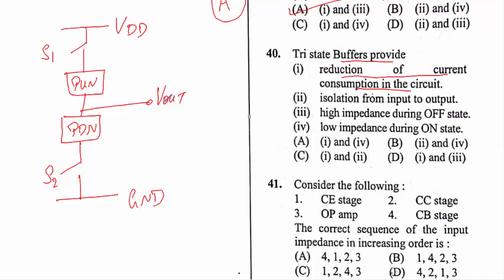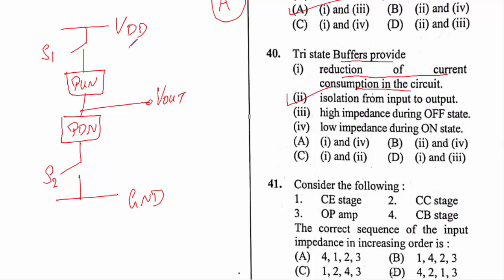At that time your Vout node will not be drawing any power from VDD, or it will not be discharging to ground potential. So at that time your output will be neither 1 nor 0, it will be a high impedance state. Nothing but you will not be having any direct contact between input and output, nothing but isolation from input to output will be there.